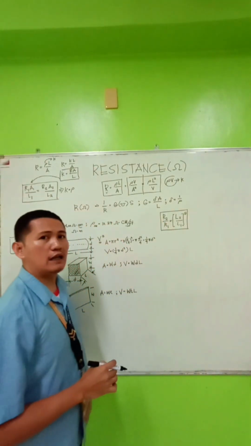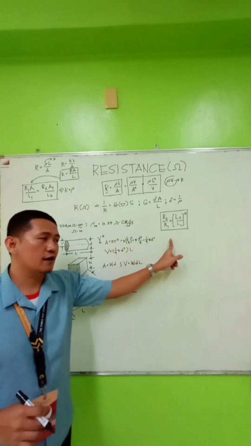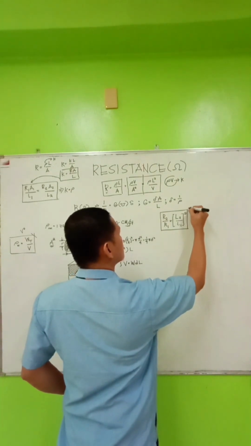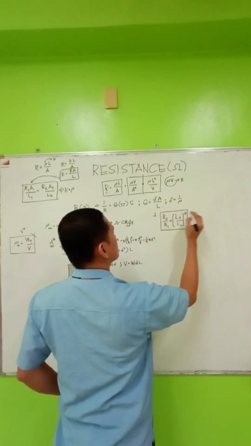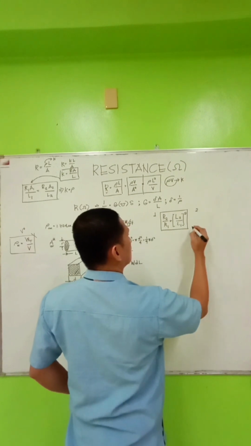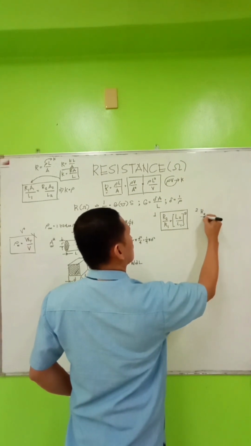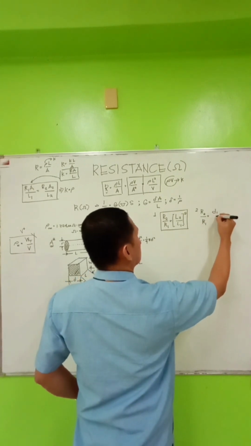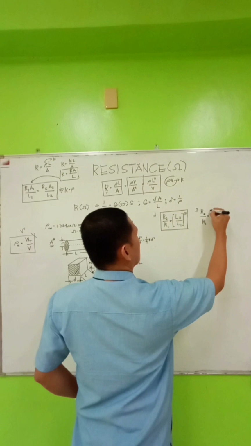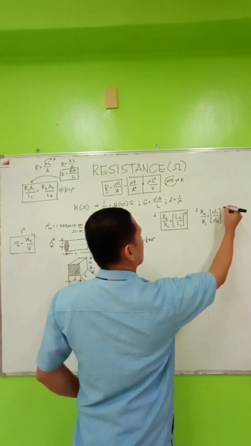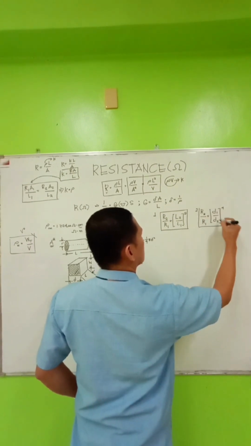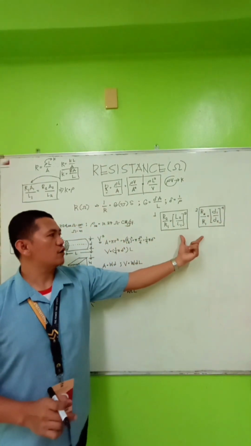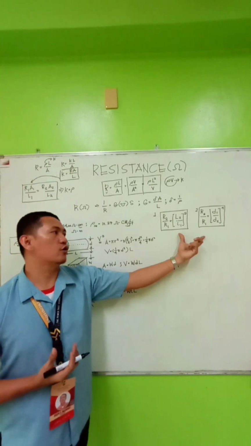This is one of the formulas of the drawing process of a certain conductor. The second formula is R2 over R1 is equal to diameter 1 over diameter 2 to the fourth power. So these are the formulas used if you are dealing with a conductor under drawing process.